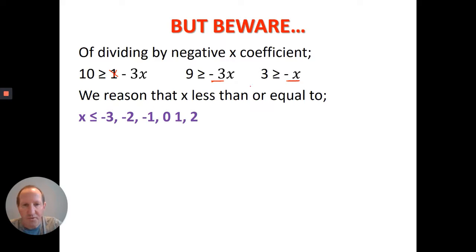I can reason through from this when I've got that 3 is bigger than or equal to minus x. Remember in double negatives, if x is minus 3, that would be minus minus 3. So that will give me 3 is bigger than or equal to 3. So that works.